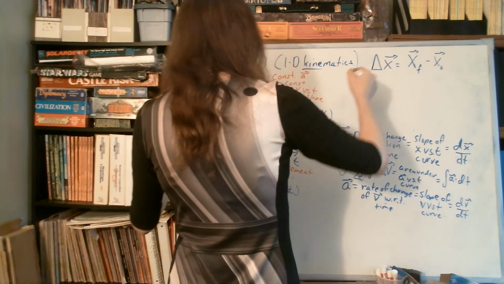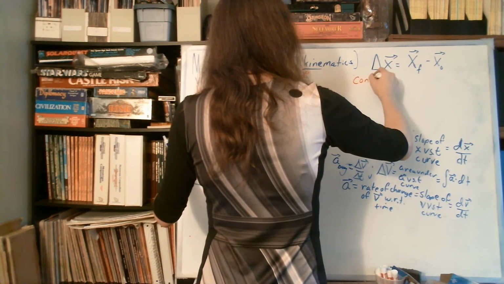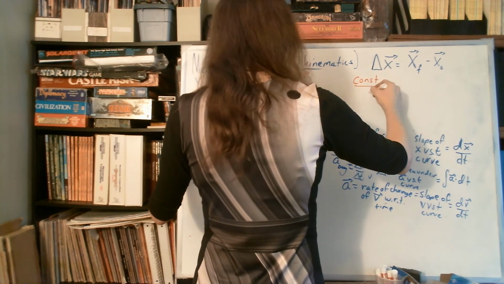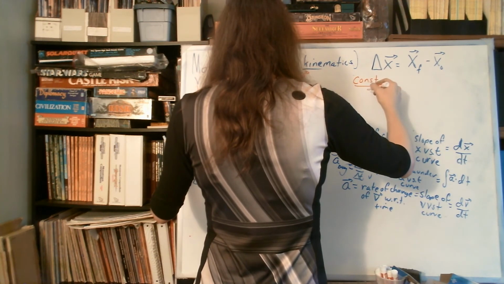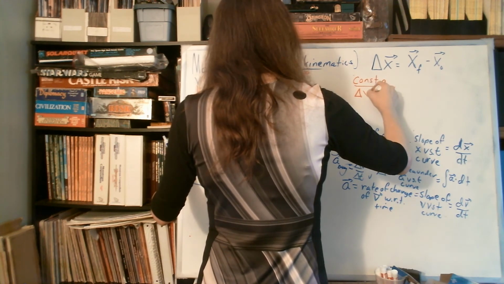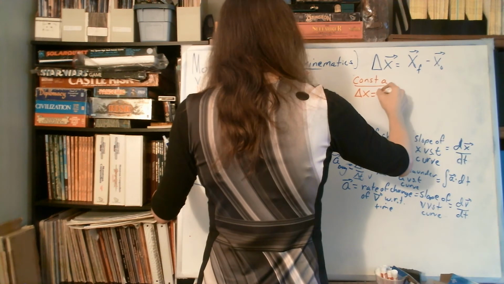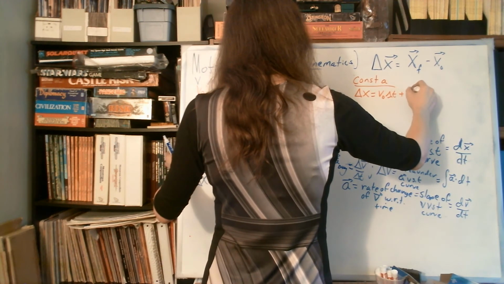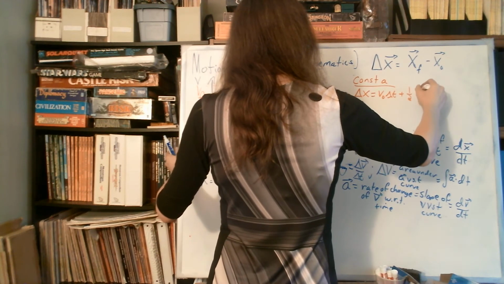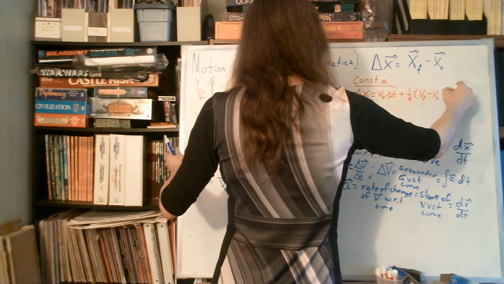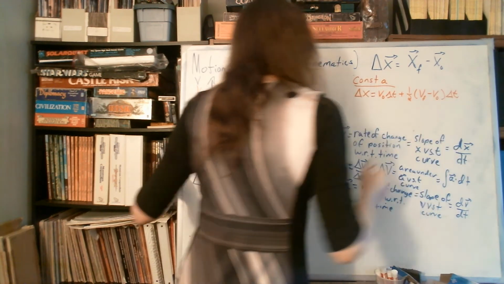Let's say we have constant acceleration. We had delta x equals v0 delta t plus half v final minus v0 delta t.